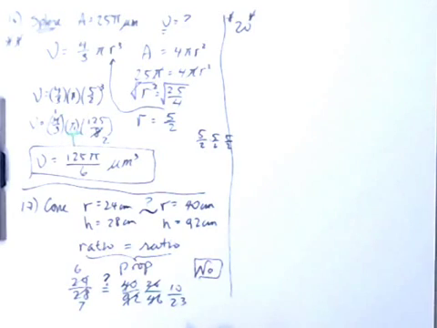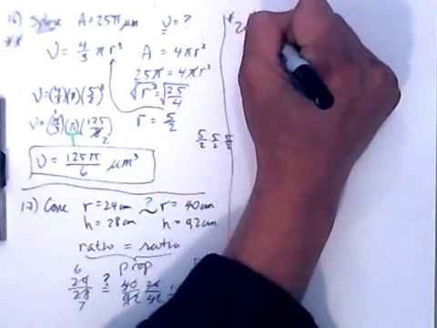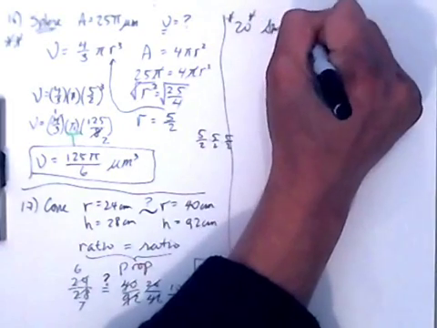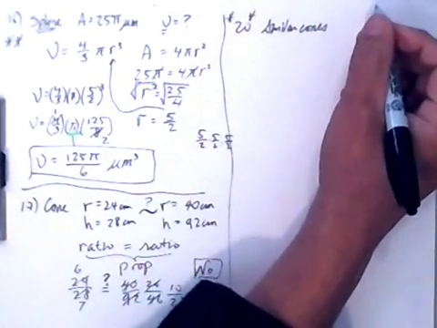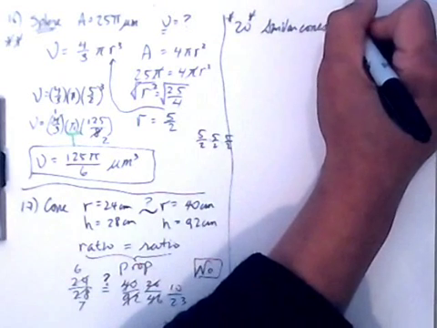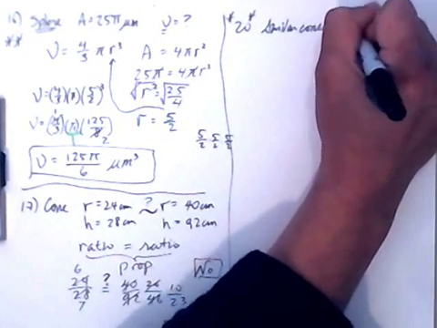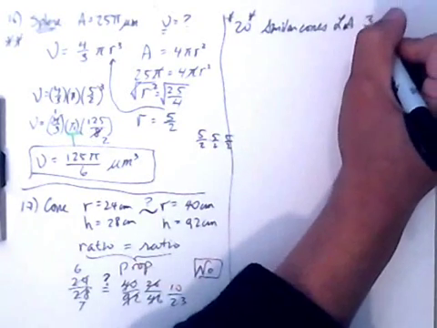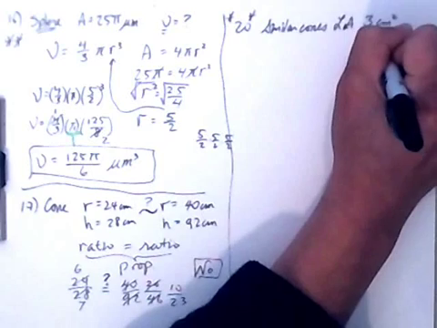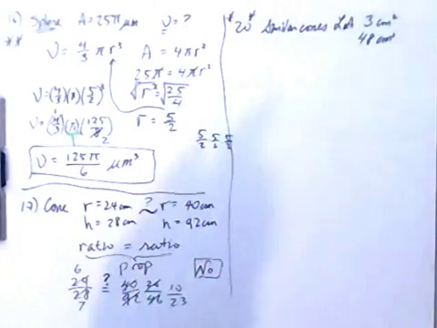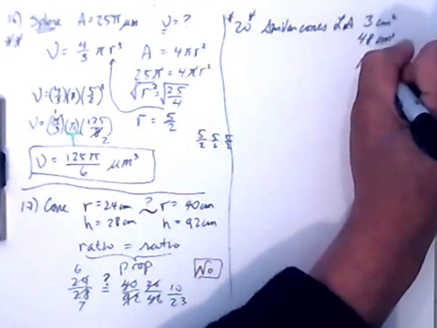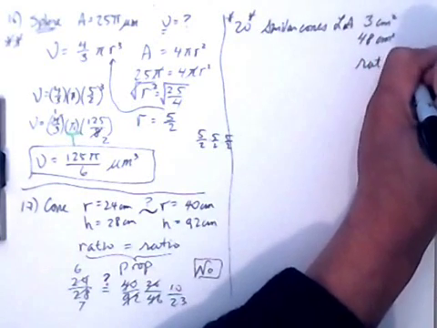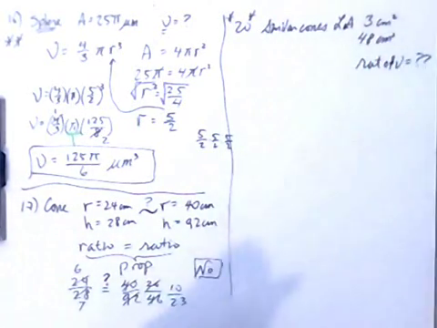Two similar cones have lateral areas of 3 square centimeters and 48 square centimeters. Okay. What is the ratio of the volume? And that's what I'm looking for.